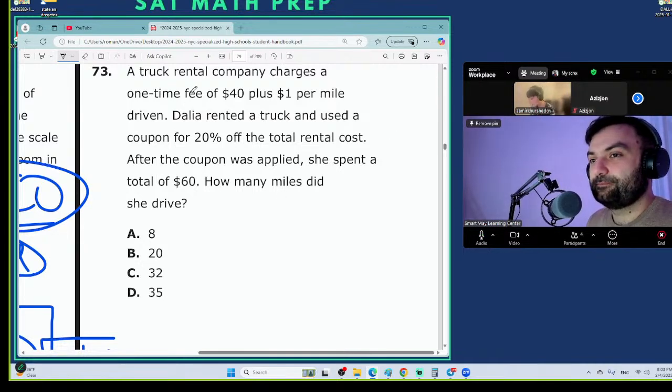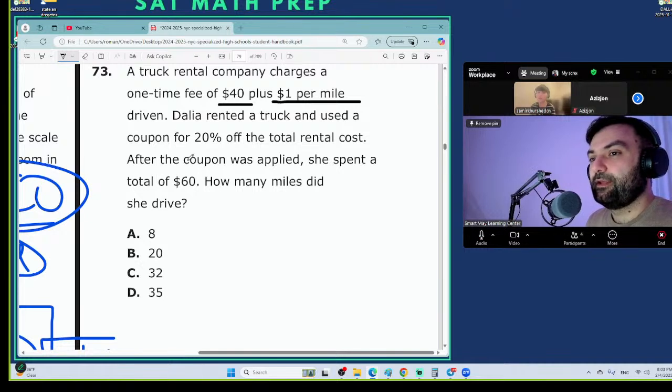A truck rental company charges a one-time fee of $40 plus $1 per mile driven. Dahlia rented a truck and used a coupon for 20% off the total rental cost. After the coupon was applied, she spent a total of $60. How many miles did she drive?